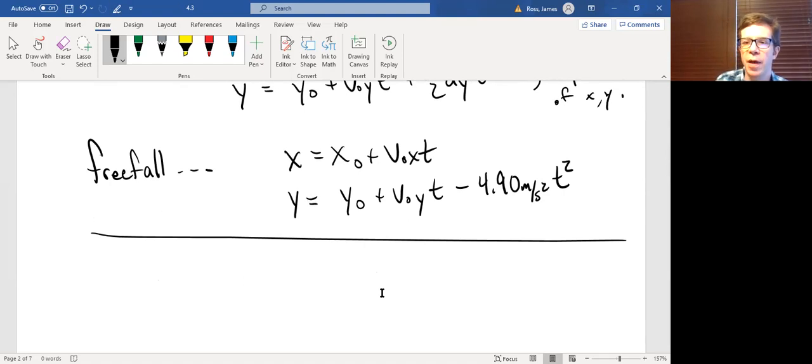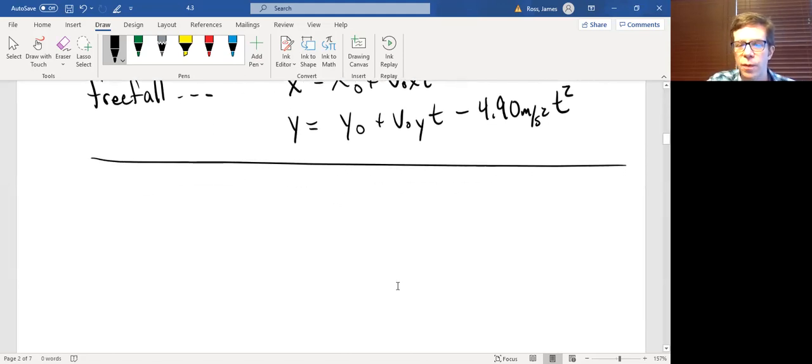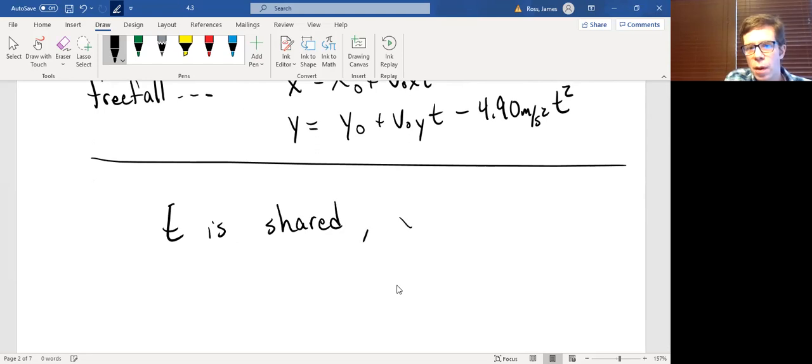I do want to talk about problem solving a little bit though, although we will in class as well. Because of this separation of X and Y variables with the parameter t, t is shared. X and Y variables don't interact directly.